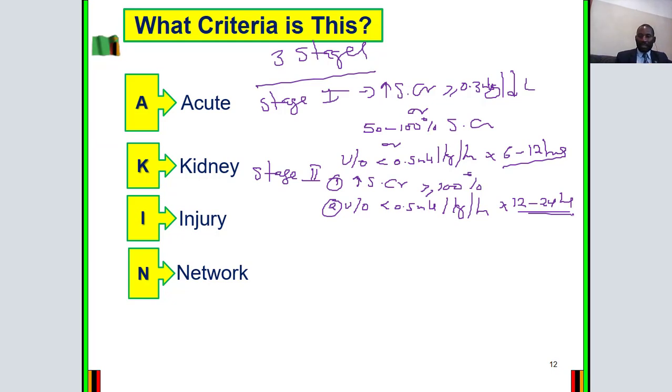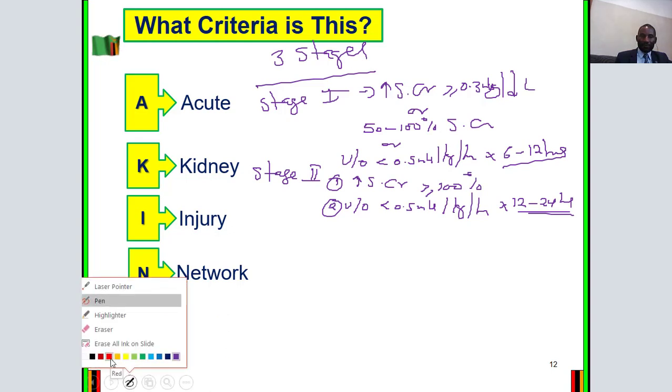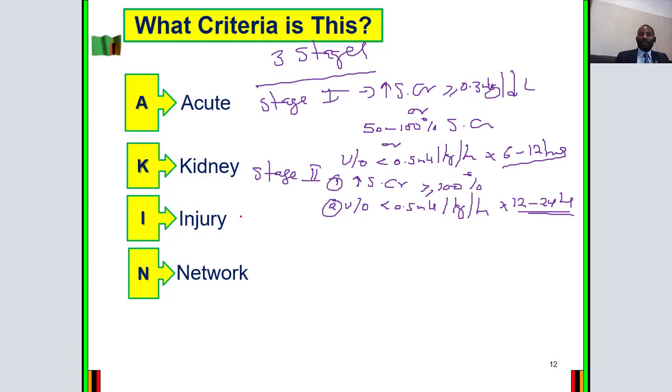Okay. Then we go to stage 3. Allow me to change the color still. So for stage 3, number 1, what is there? There's increased serum creatinine more than 200% of baseline.